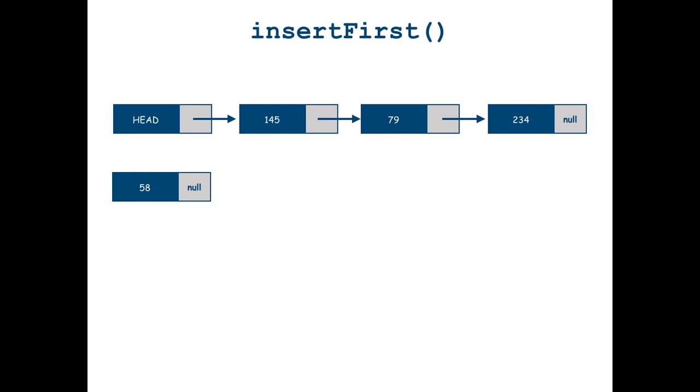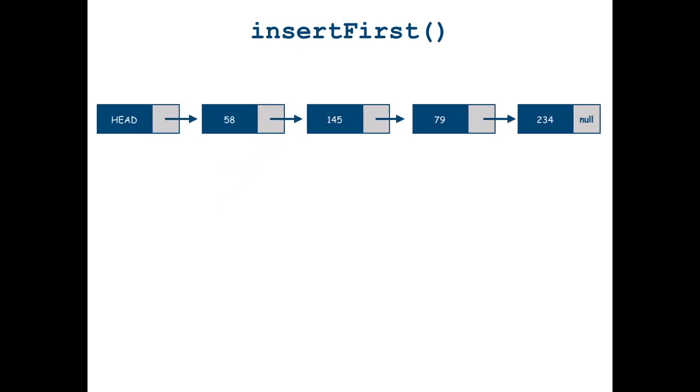The next thing I want to do is I now want 58's next pointer to point to the current head of the list because the current head will, when it's all said and done, become the second link in the list. Right. Then the final step is to take the head pointer and make it point to this new link object, thus completing the function. Right.